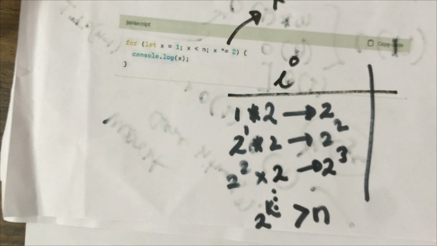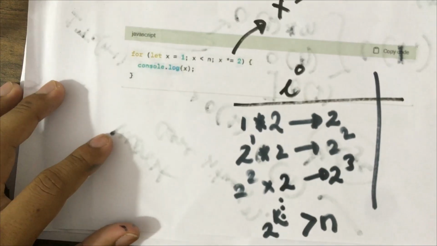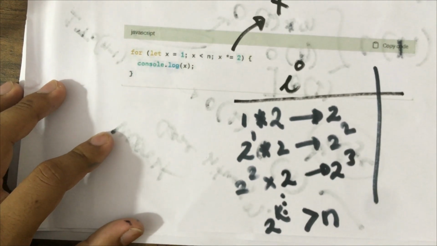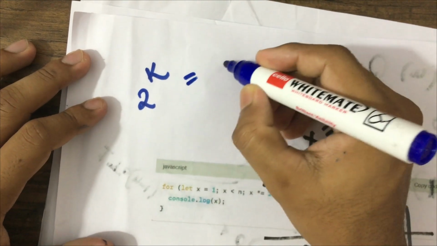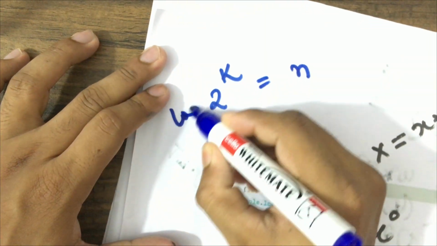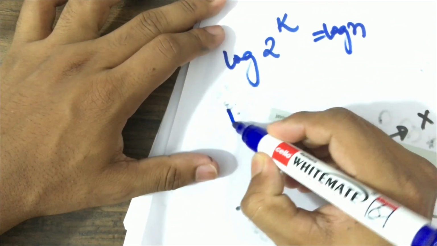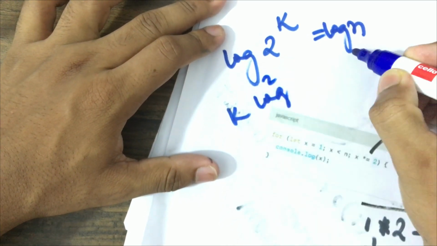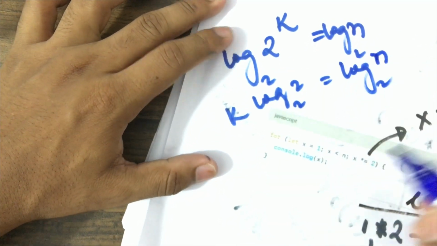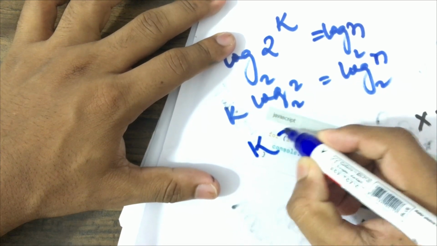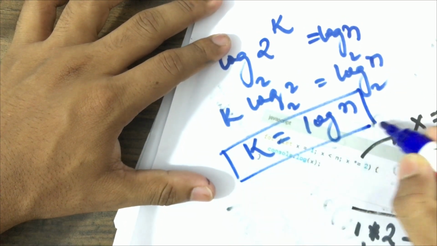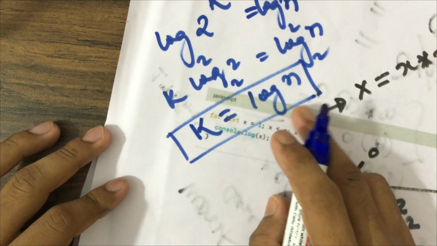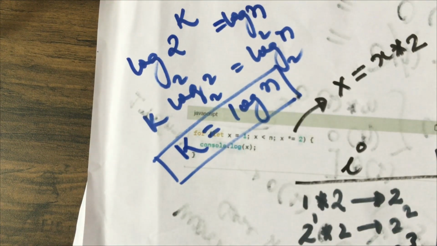So in this case, let's say 2 to the power k is equal to n in the worst case, and we just take log on both sides. So k comes out, and log base 2 of 2 becomes 1, and this gives k equals log base 2 of n. These are binary logarithms in programming and coding. So the value of k is log n.